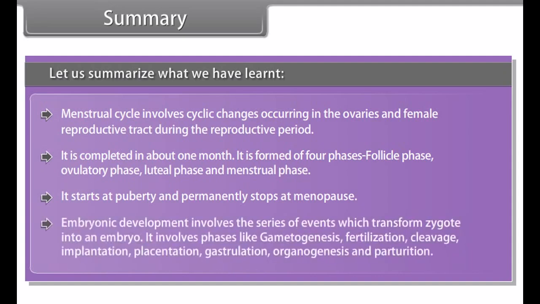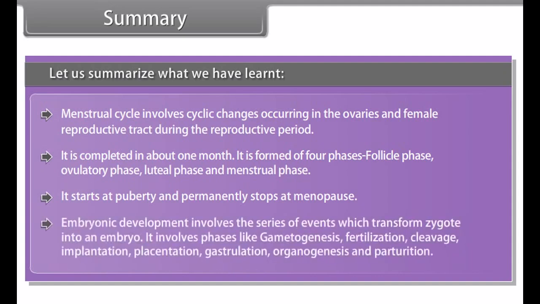Accessory reproductive glands of male are seminal vesicles, prostate glands and Cowper's glands. Female reproductive system is formed of ovaries, fallopian tubes, uterus, vagina and vulva. Accessory reproductive glands of female are Bartholin's glands and breasts.